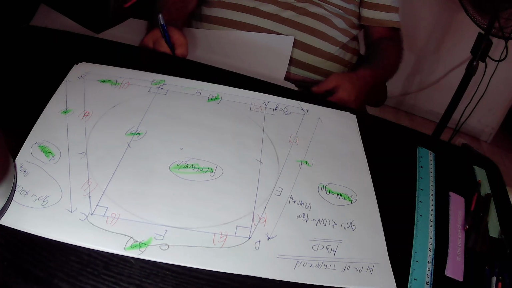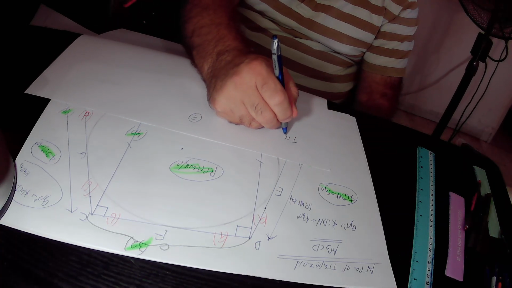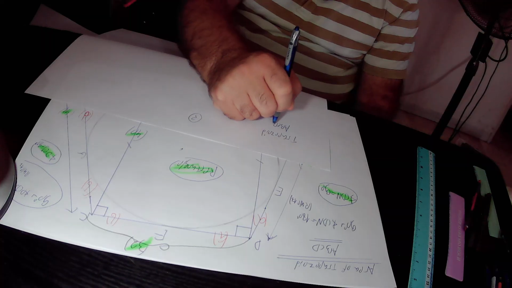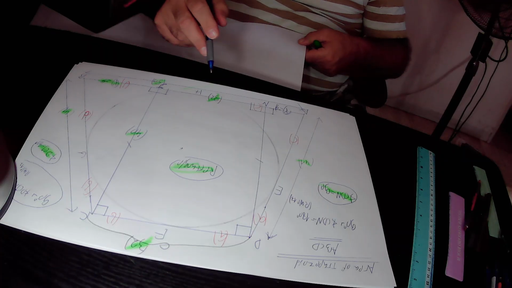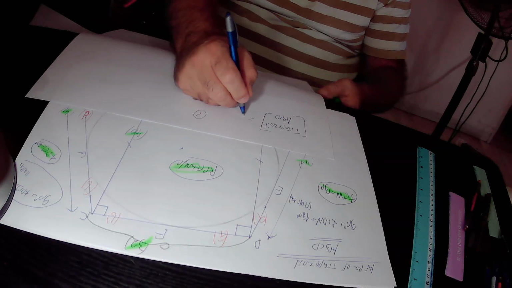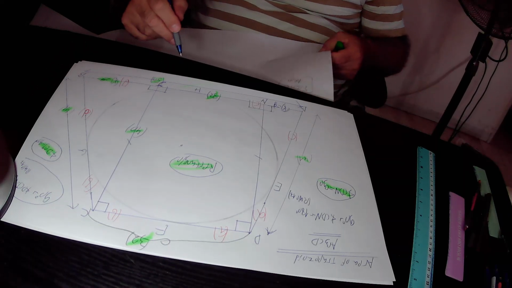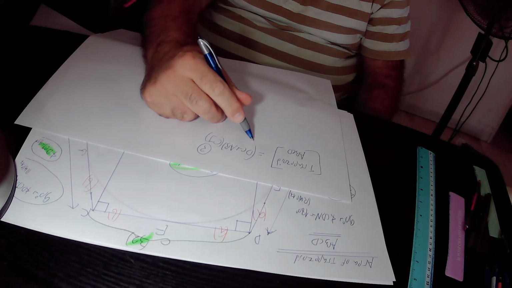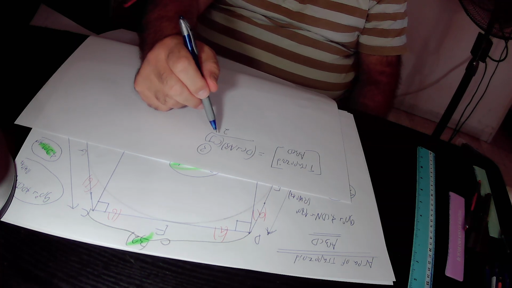According to the formula that I presented to you in the beginning of the lecture, the area of trapezoid ABCD is equal to the sum of its two parallel bases, that is DC plus AB, times the height CJ over 2.